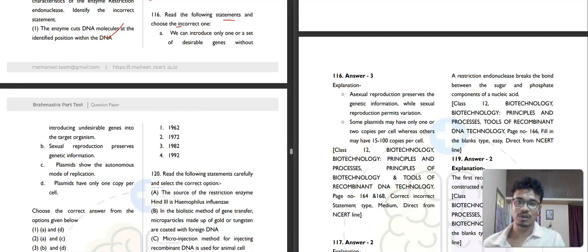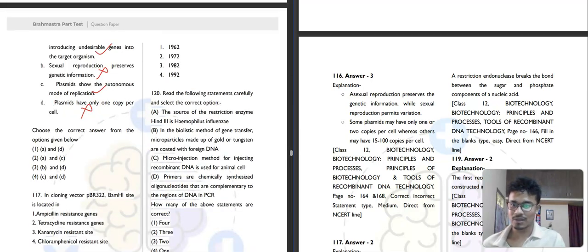We can introduce only one or a set of desirable genes without introducing undesirable genes into the target organism. Absolutely correct. Then sexual reproduction preserves the genetic information. No, it doesn't preserve it, it changes it. That's why sexual reproduction creates variation. Then plasmids show an autonomous mode of replication. It is correct actually. And plasmids have only one copy. No, they have several copies. So which are the incorrect ones? The incorrect ones are B and D. The third option will be your correct answer.